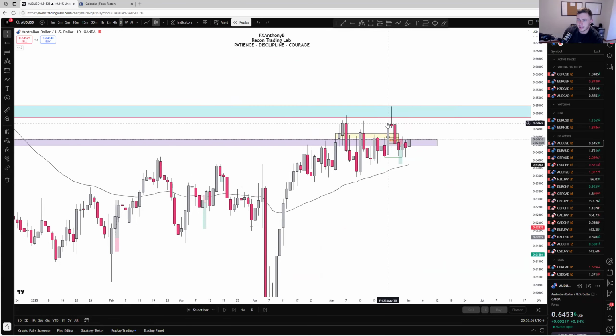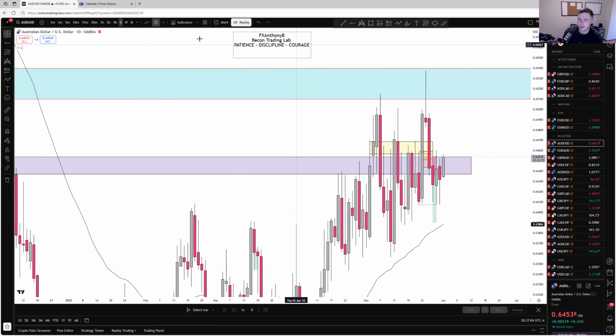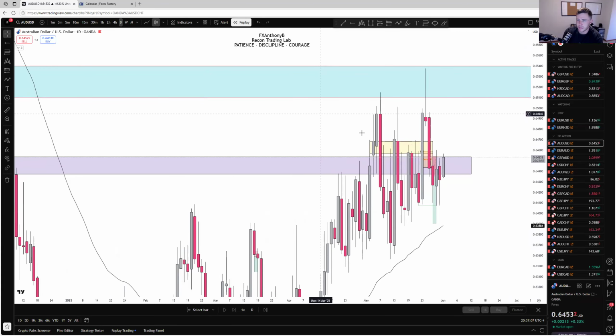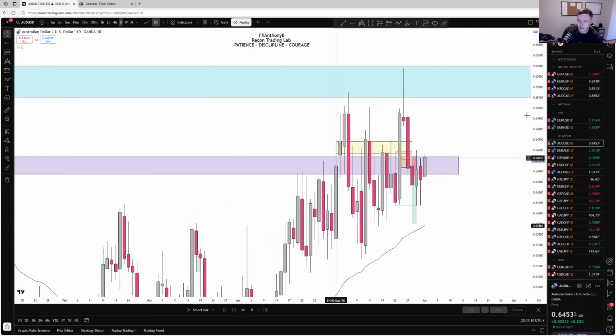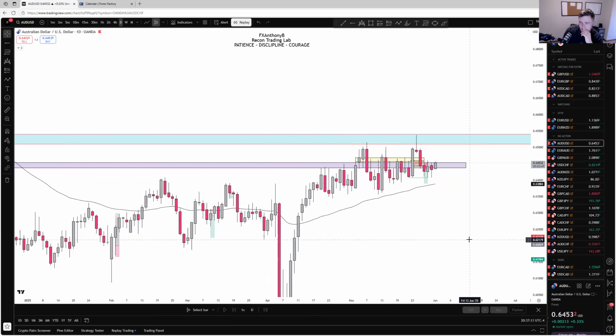Higher high, higher high, higher low, shift structure, lower high, lower low. So sloppy. So sloppy. Okay, let's say this is actually bearish. Higher high, higher low, shift structure, lower high, lower low.